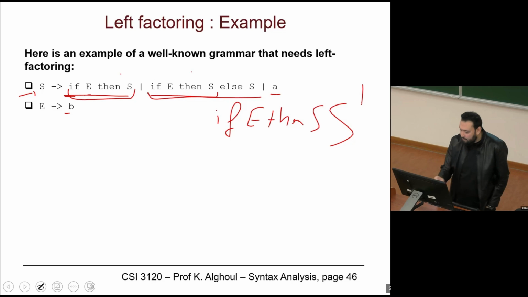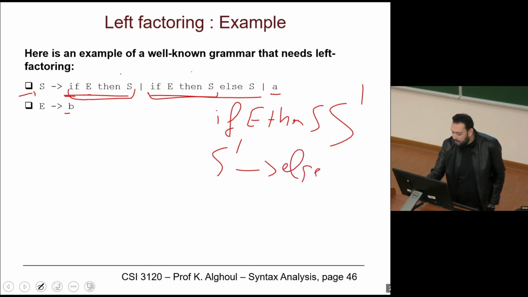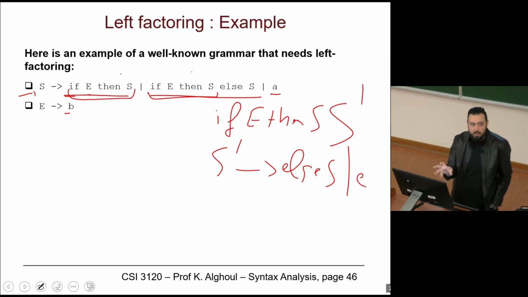Okay, and then S prime will be what? S prime would be... Who wants to continue it? Michael. S or empty. Else S or empty. Who agrees with this? Who has a different way? Mateen. Couldn't you just, instead of saying if for the second one, just say elif? Like here? Yeah, like that.